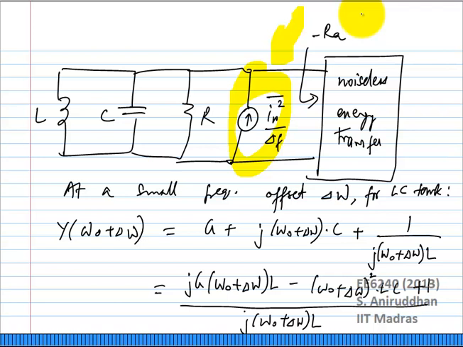In the power domain, the noises will add, but once you have a minus RA in parallel with R, the two cancel out, giving you an ideal LC tank. Whatever noise you have outside, if you try to put it through an ideal LC tank, it will only give you a pure oscillation without any noise at all, right?